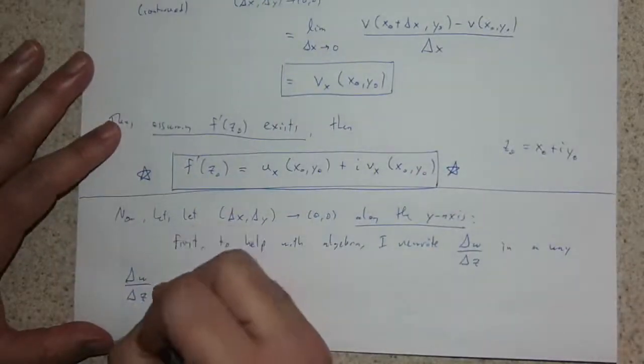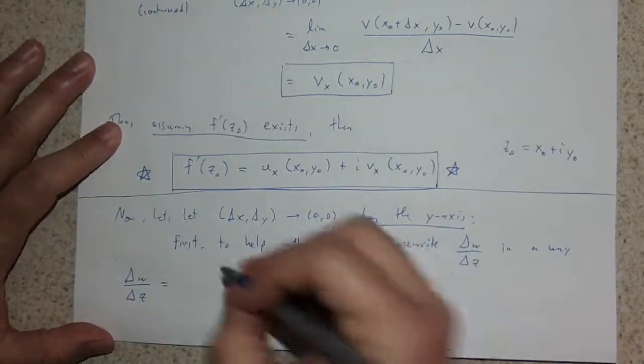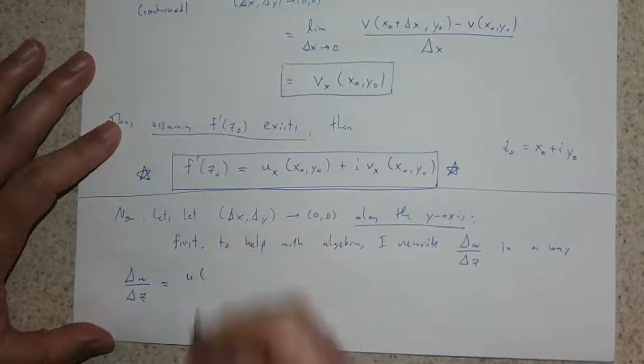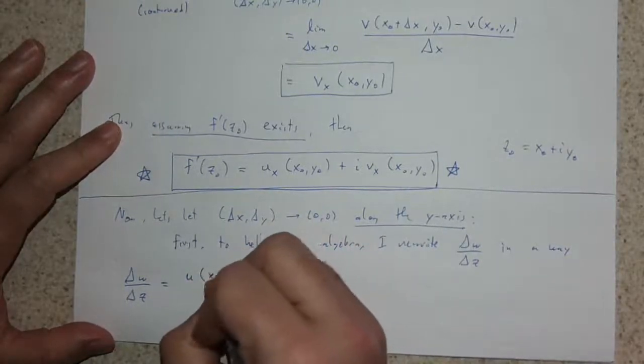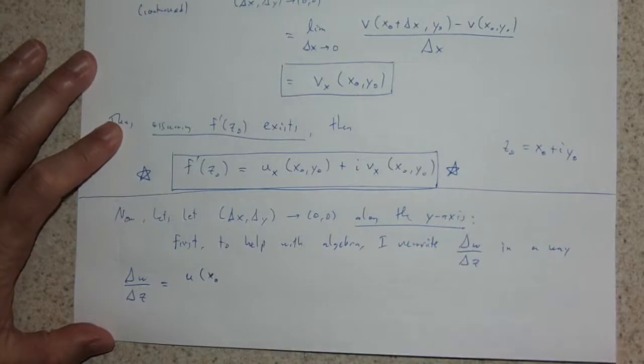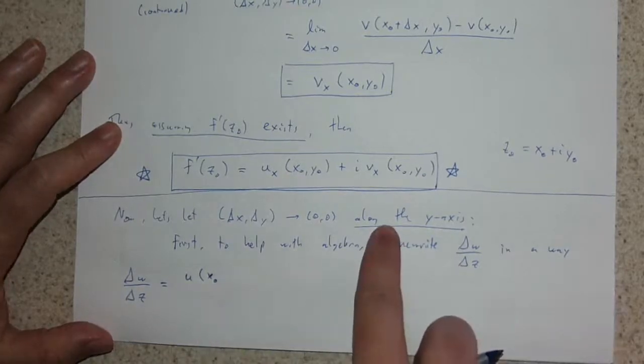So I'll write this out so that it's not too confusing. Delta w over delta z is u of x naught plus delta x, but delta x is 0 along the y-axis.